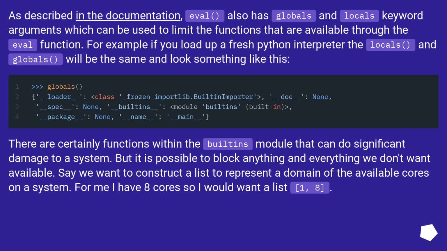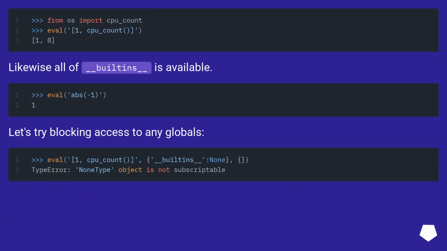Say we want to construct a list to represent a domain of the available cores on a system. For me, I have 8 cores, so I would want a list 1 to 8. Likewise, all of __builtins__ is available. Let's try blocking access to any globals.